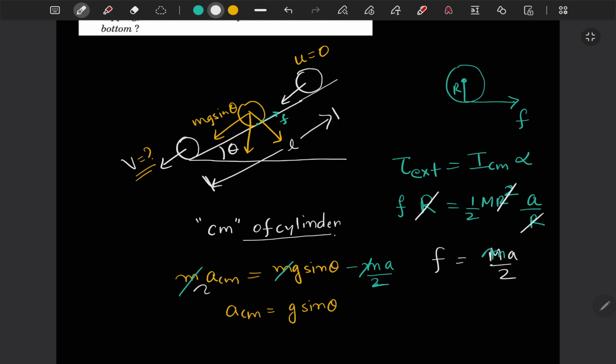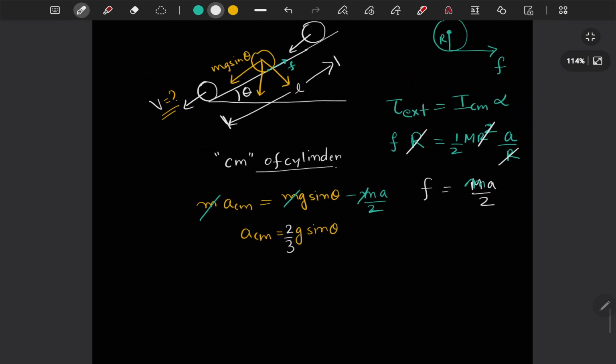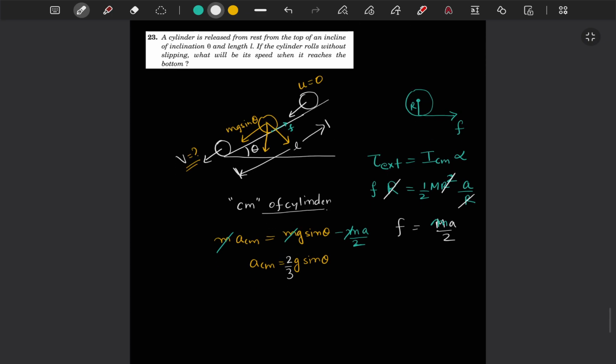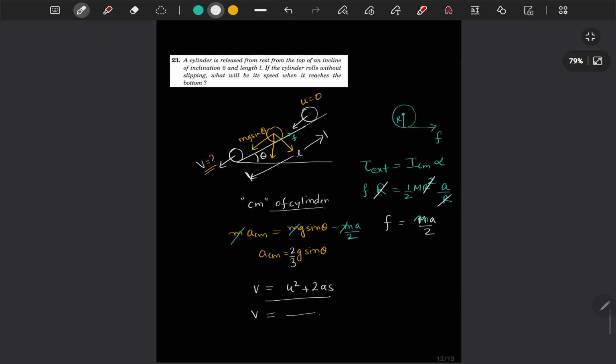Taking 3 by 2 across, there will be 2 by 3 here. So you have to be really cautious when drawing such diagrams: the rolling motion is happening because of friction, so you must include the friction force in the FBD. Then v squared equals u squared plus 2as. I hope you are clever enough to find the speed. I won't do that.